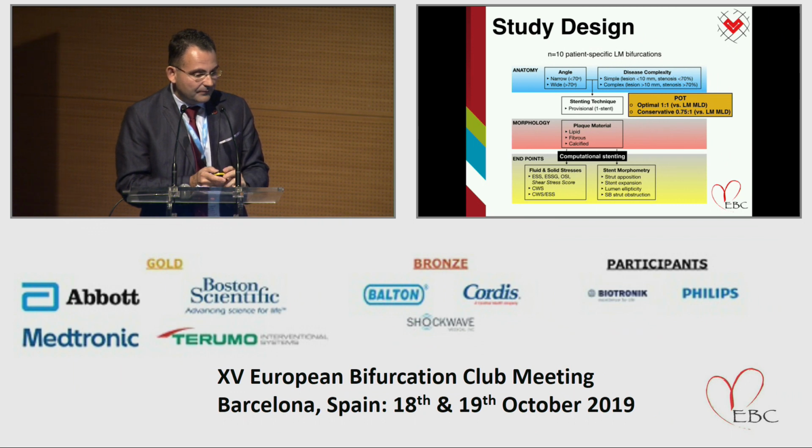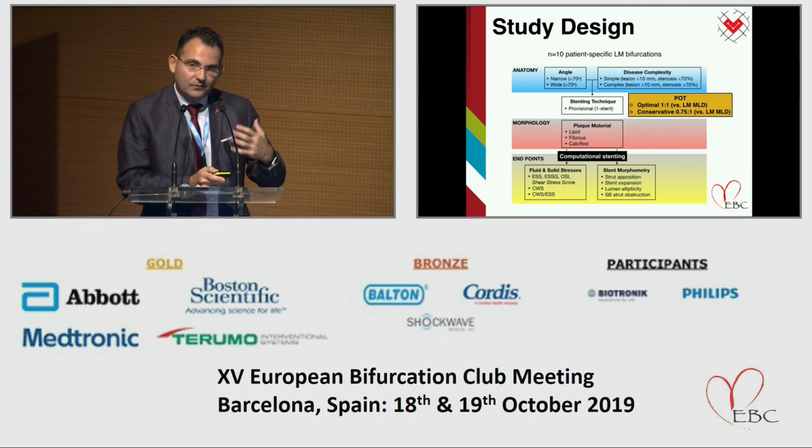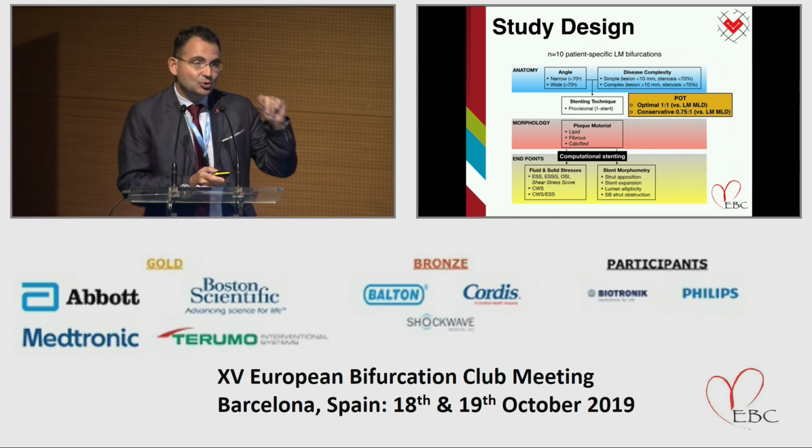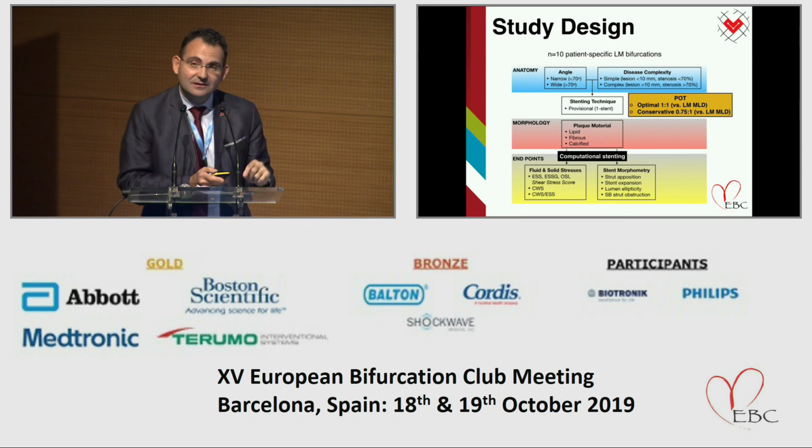We collect from our repository a good spectrum of bifurcation angles and disease complexity. We apply computationally provisional stenting using the Megatron, and POT, which is sized either 1:1 to left main MLD or more conservative 0.75 to left main MLD.